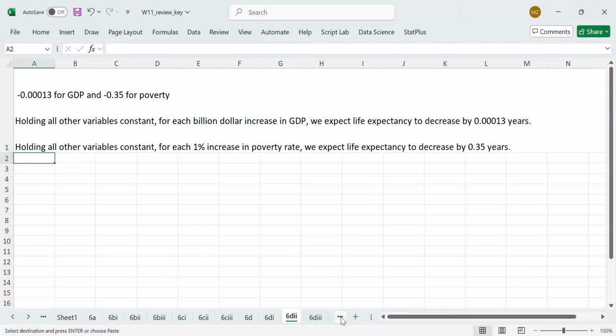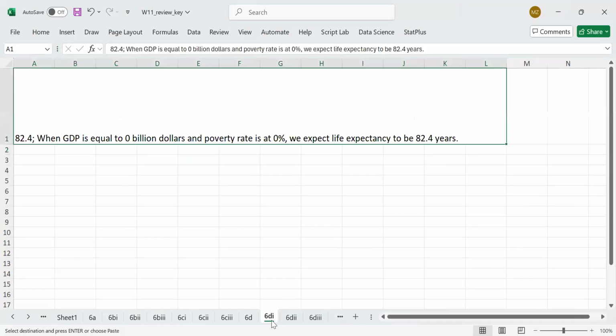Everyone else got it? Let me know if there are some issues. So I've covered the slopes for GDP and poverty.